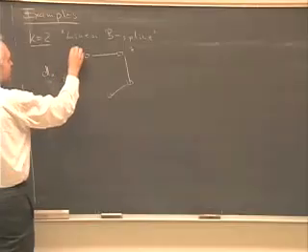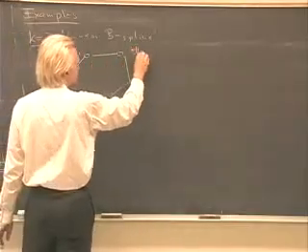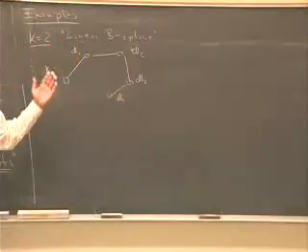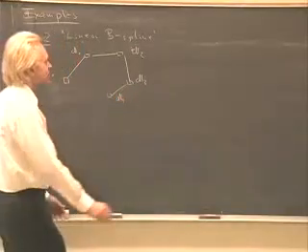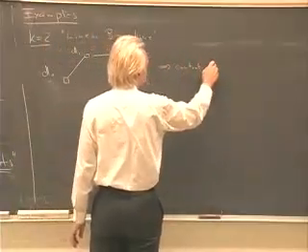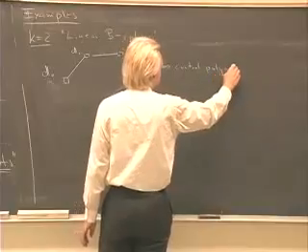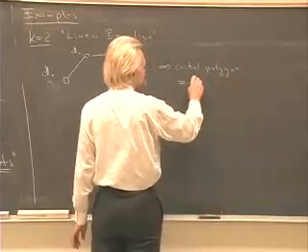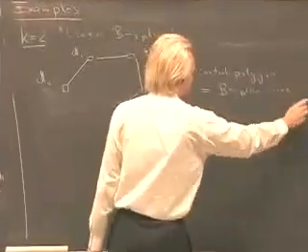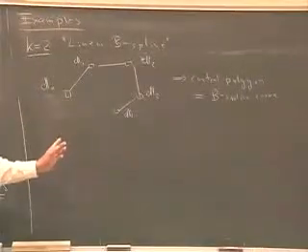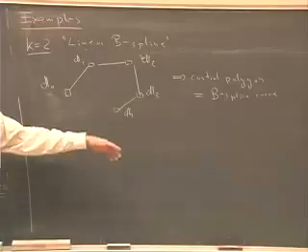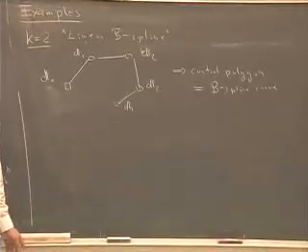D0, D1, D2, D3, D4. The control polygon is a curve. Control polygon is the B-spline curve, no matter how you parameterize that. Always get the polygon, regardless of how you choose your knots, your u sub I values.